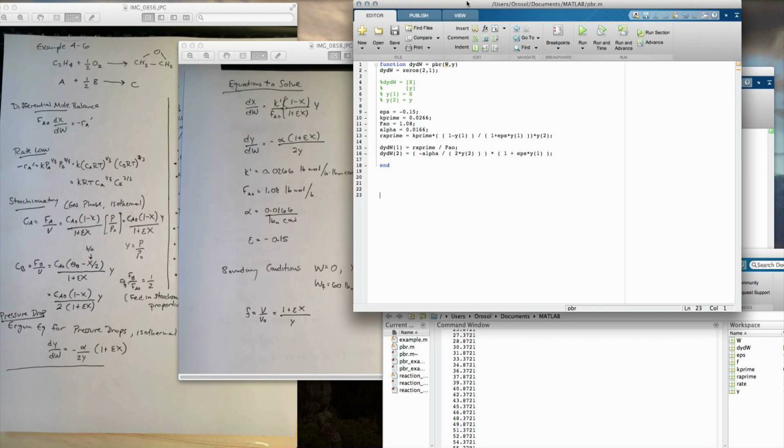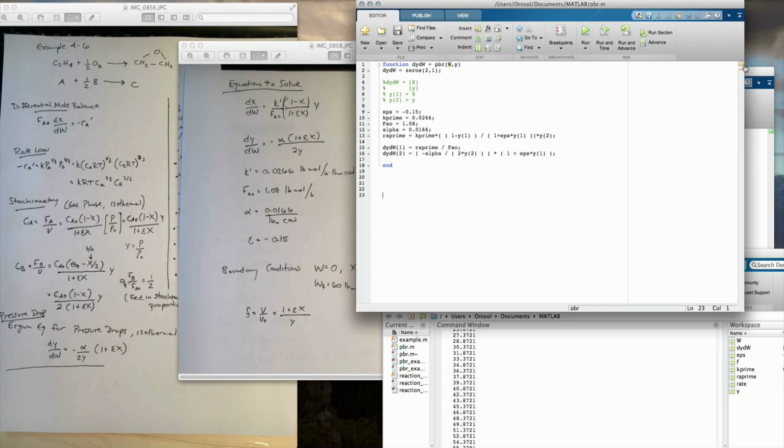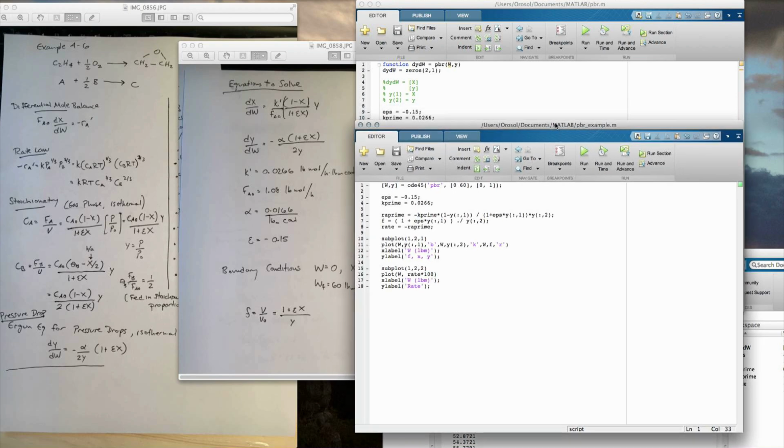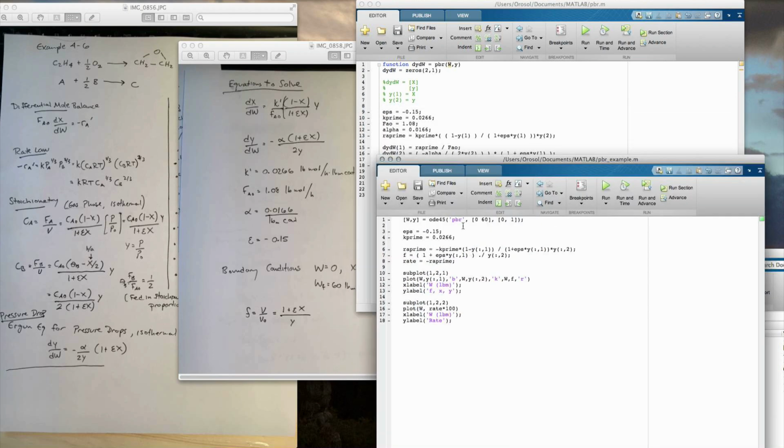So then the way you run this is you write a script, and so this is w, which is the independent variable, and then I have y, and remember this is that vector of x and y again. And then I'm calling one of MATLAB's built-in ODE solvers, and they have a bunch of them, but I almost always use this one.